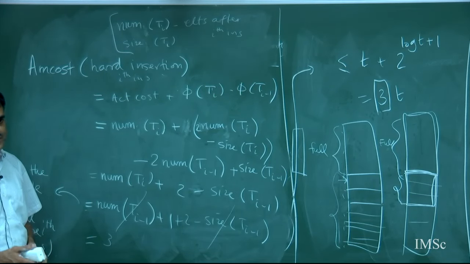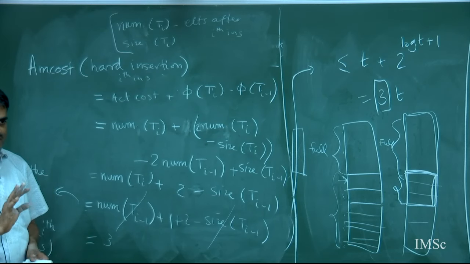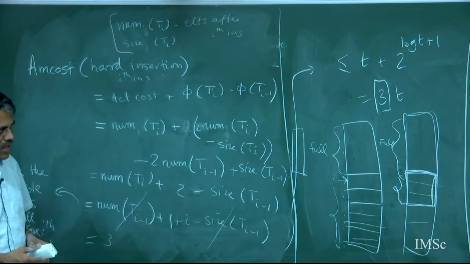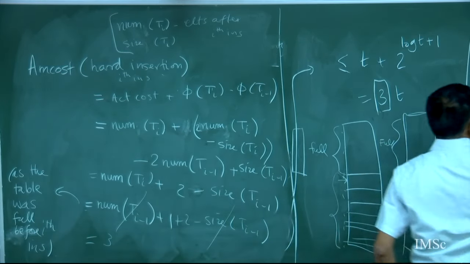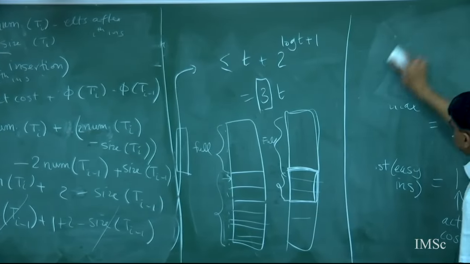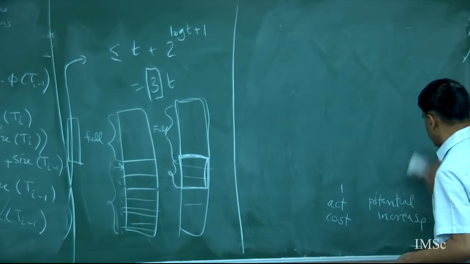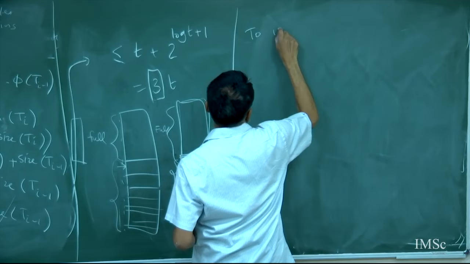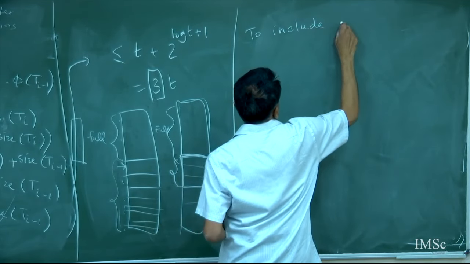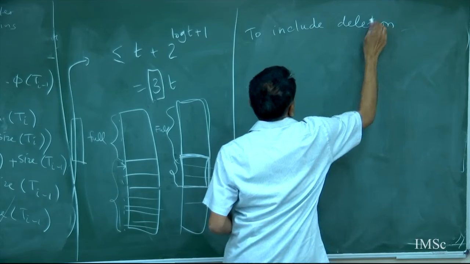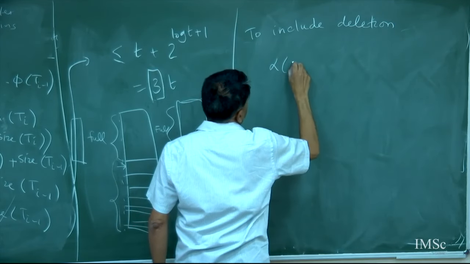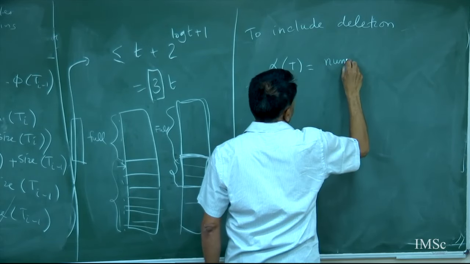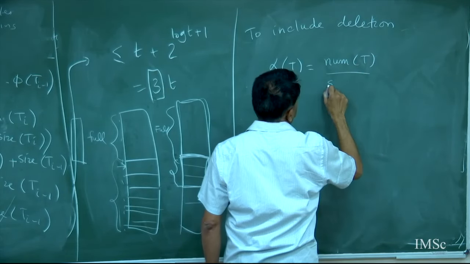I can get into problems very similar to the increment decrement thing, right? Because if I always want to make sure that my table is at least half full, then, so now to include deletion, let me define the number of elements divided by the size of the table.